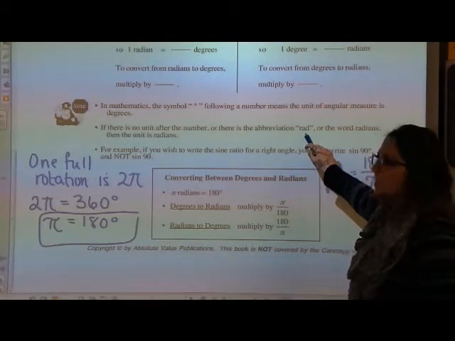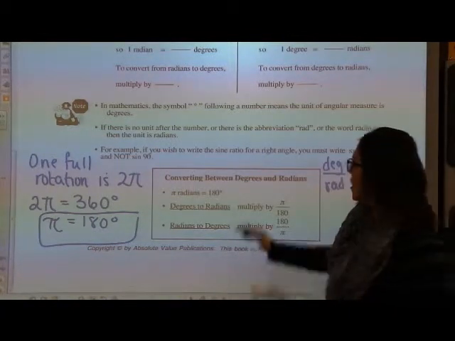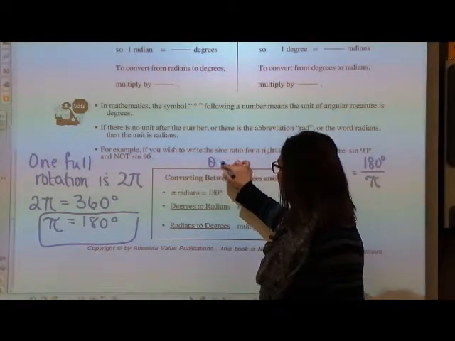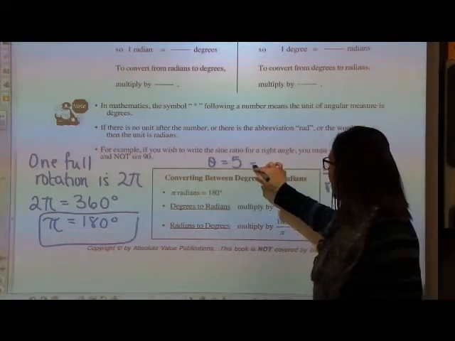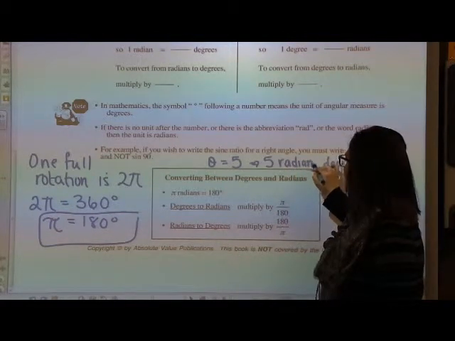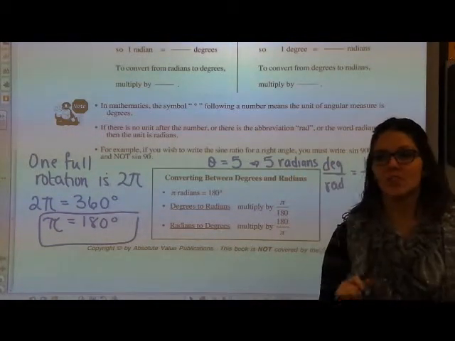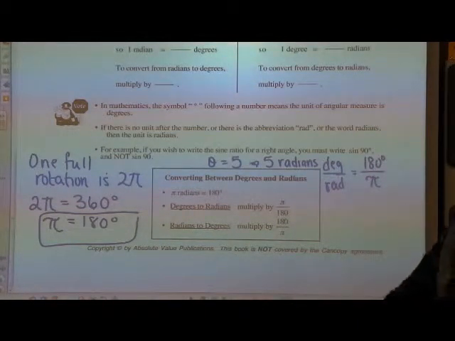We can use the abbreviation rad for radians, or we don't use a unit at all. So if I say that angle theta equals 5, and I don't put a degree symbol, the implication is that it's 5 radians. If I wanted it to be 5 degrees, I would have to use the little degree symbol, which is why for the last 2-3 years, I've been emphasizing you need to put the degree symbol.